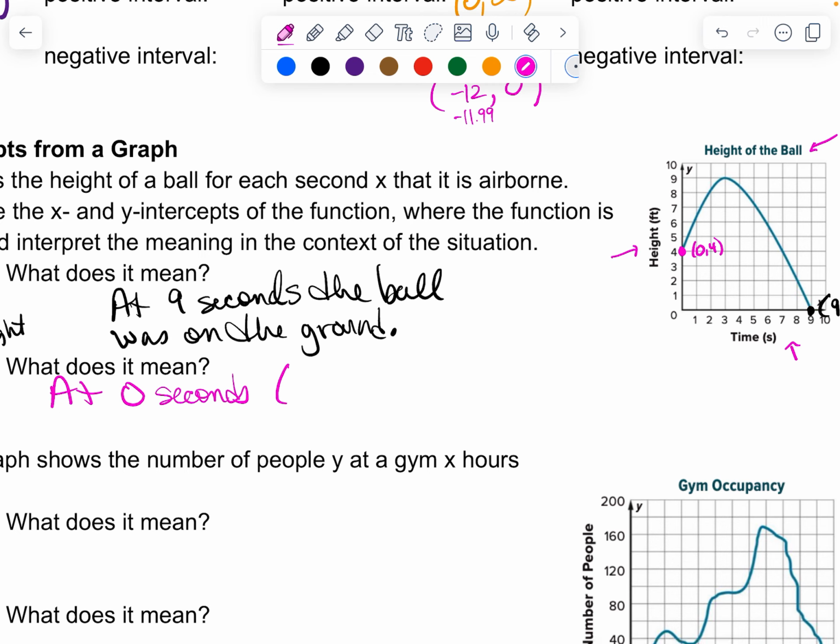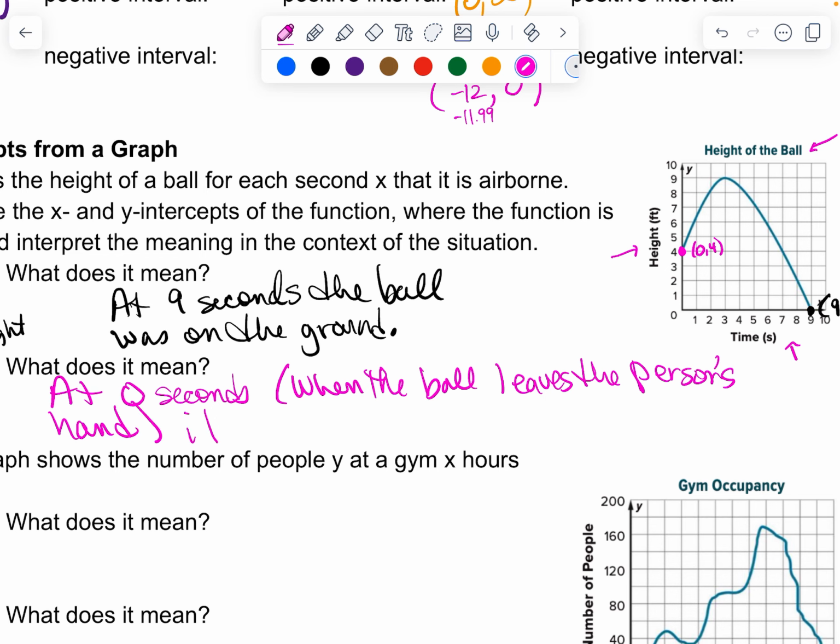We could have said when the ball leaves the person's hand, it is 4 feet off the ground.